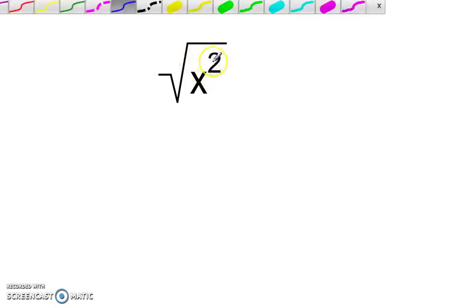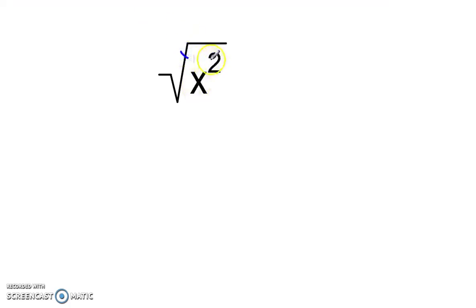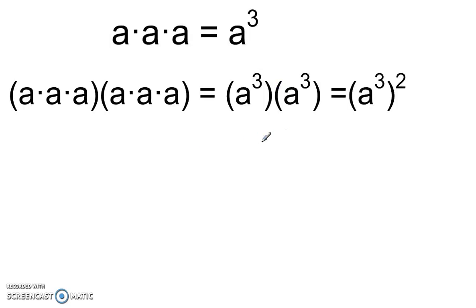If I take a square root of a square, the square root and the square cancel out, and that is just x. Because x squared means x times x, and the square root is one of its 2 equal factors, so that is x. We're going to need that information a little bit later.